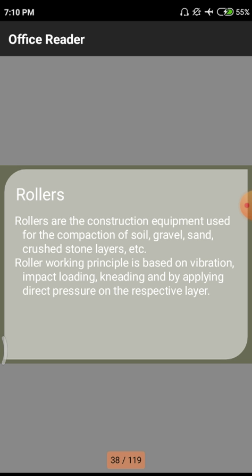Roller working principle is based on vibration. That means these rollers are mainly based on the principle of vibration. Vibration means we are having oscillations for a particular span of 1 to 2 seconds. We are having this much of vibration for a particular material, and vibrations vary from material to material because density also varies, like aluminum, copper and other different kinds of alloys.